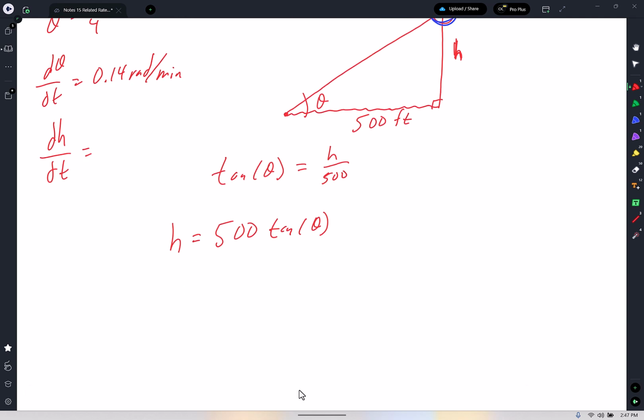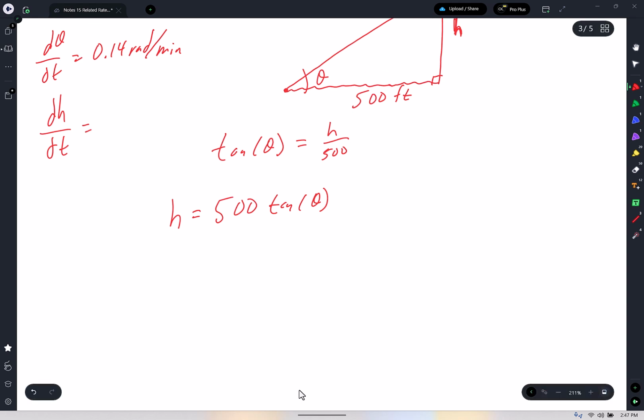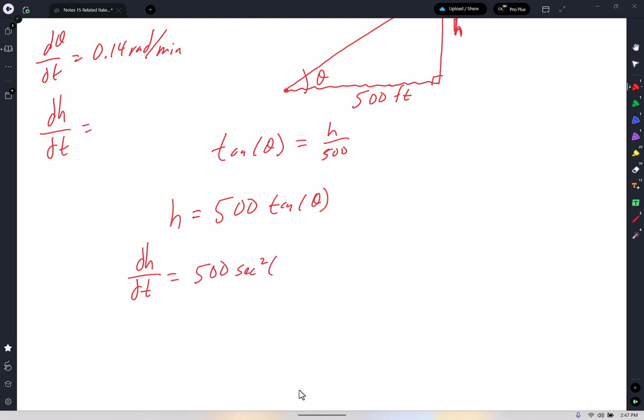All right, next. Here we go. All I'm going to do now is take a derivative with respect to what letter? T. With respect to T. We're not doing implicit here. So dh dt equals, what's the derivative of tan? Secant squared.